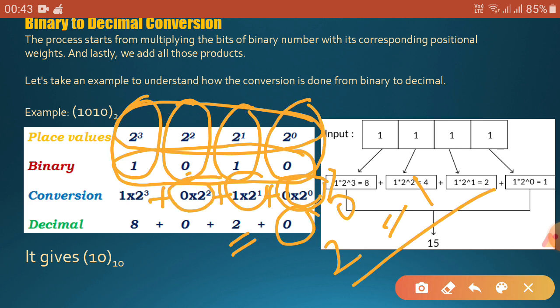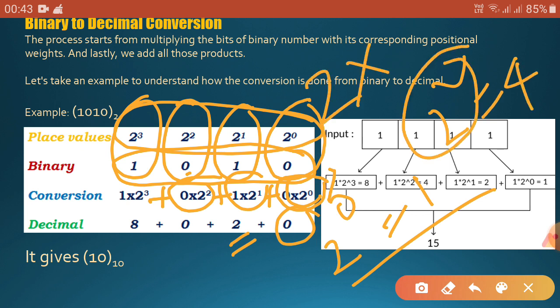We know what power means: 2 to the power 2 means 2 into 2, that gives us 4, but here it is multiplied with 0, so 0 into 4 gives us 0.